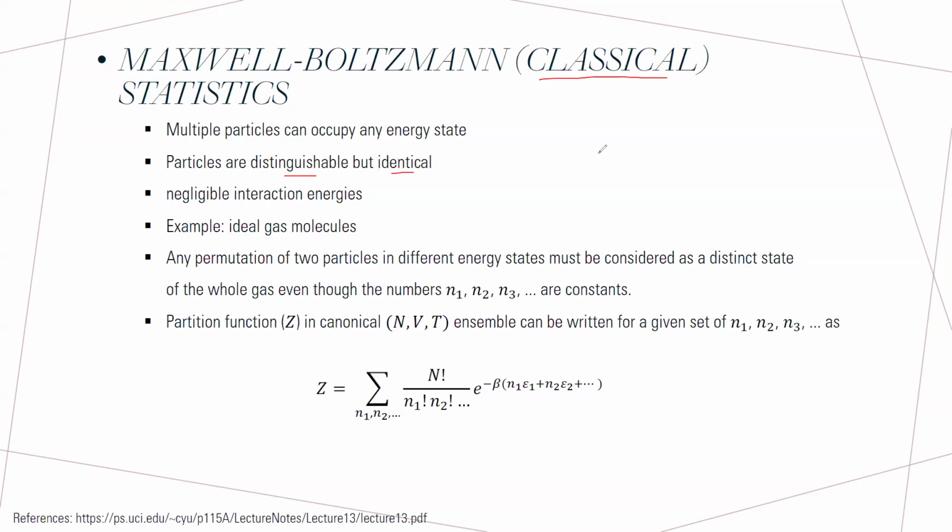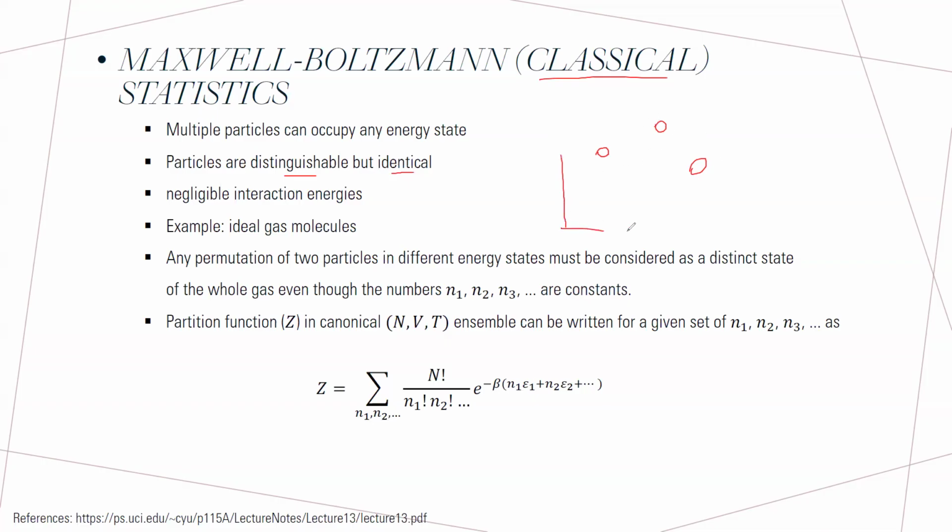If we have two or three particles, we consider that these are identical. That means all these particles have the same features, maybe the radius of all these are equal and everything is equal.